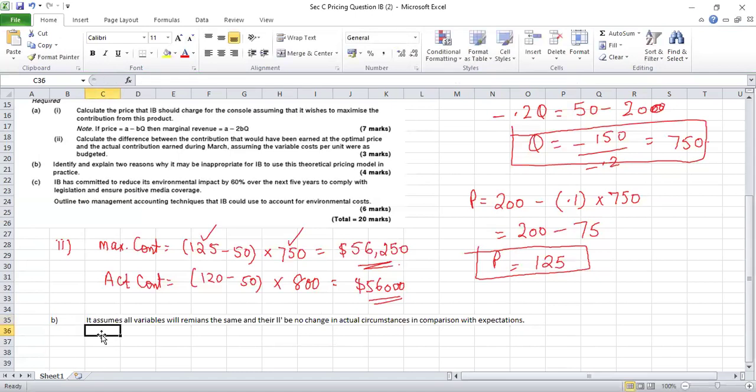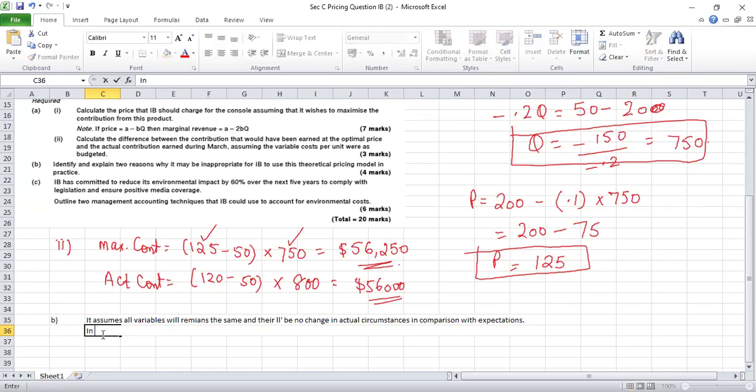The second point is it can lead us to a wrong decision. When? Because in a competitive environment, it is not possible to use this same model. In a competitive environment, actual variables change quite significantly and quite early.